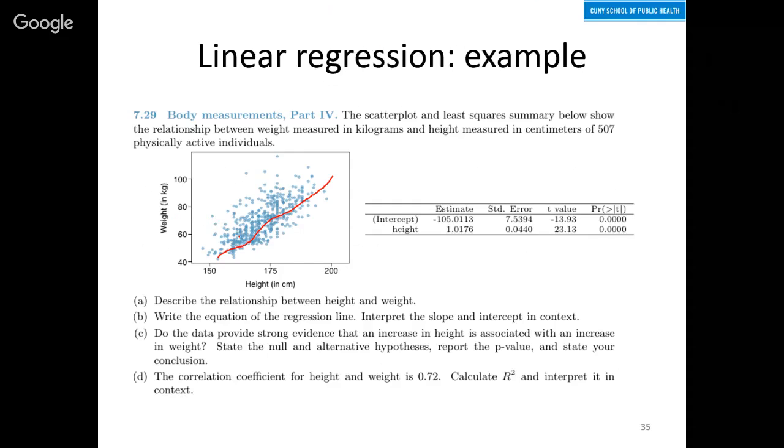Okay, B, write the equation of the regression line. Interpret the slope and intercept in context.